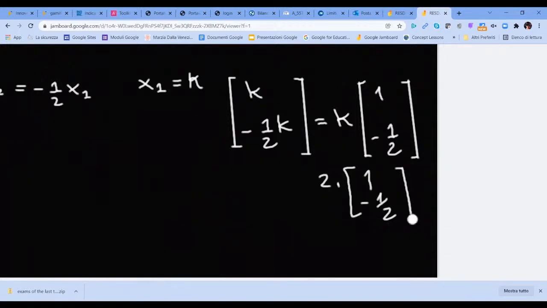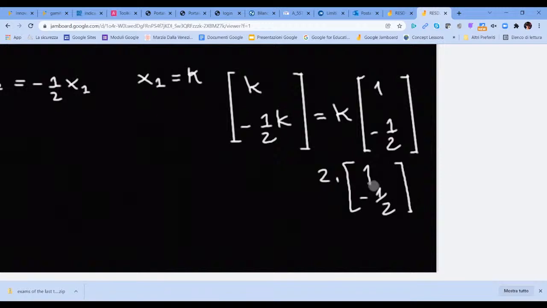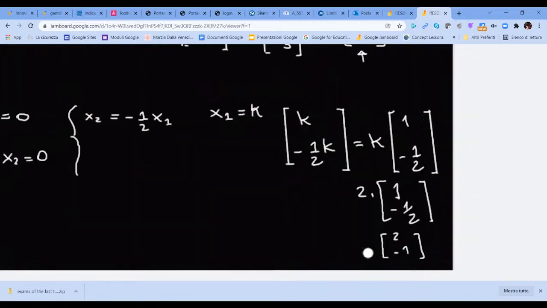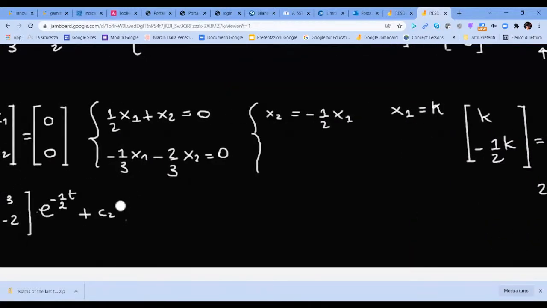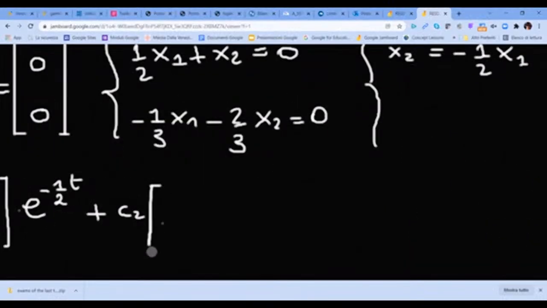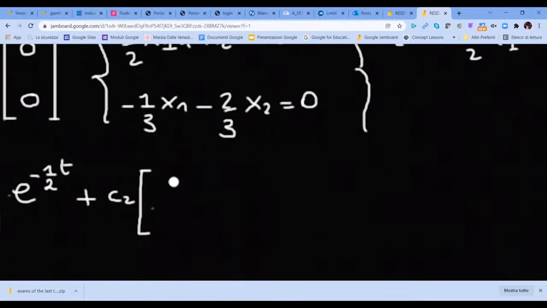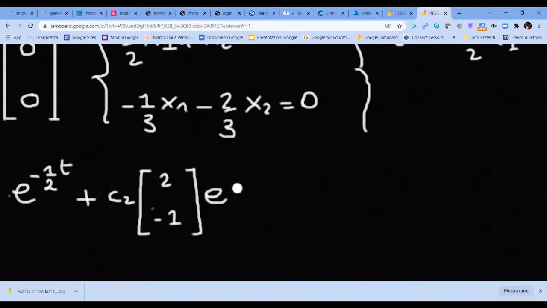It is the very same, okay, but maybe it is faster to compute. It is (2, minus 1), okay? Because every eigenvector is a multiple of an eigenvector that solves the same equation. So (2, minus 1), so we don't have fractional coefficients, e multiplied by minus 1/3 t.